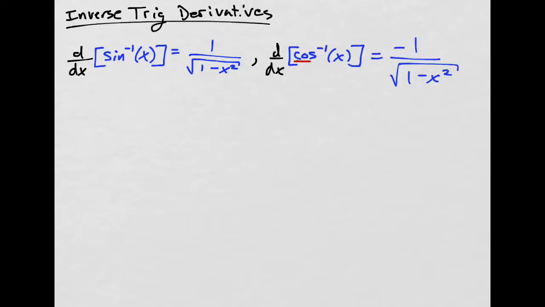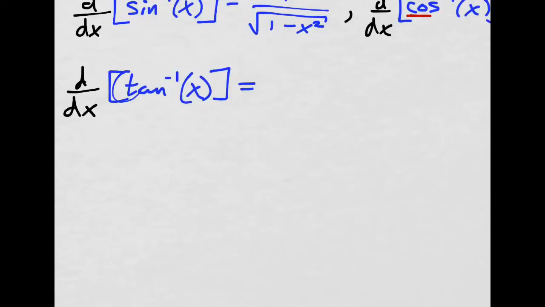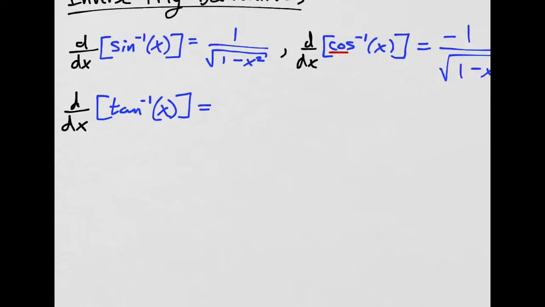And then the next normal thing after sine and cosine would be tangent. So let's look at the derivative of inverse tangent. Now this is very similar to the first two. It's going to have an x squared, a 1 in the top, and a 1 in the bottom somehow. But something that I just remember is that there is no square root. And also, tangent starts with a t, and the t looks like a plus sign.